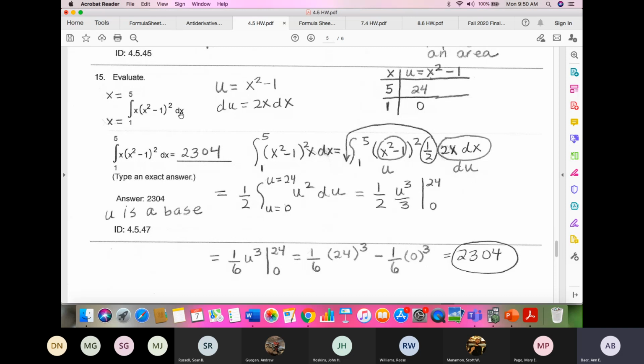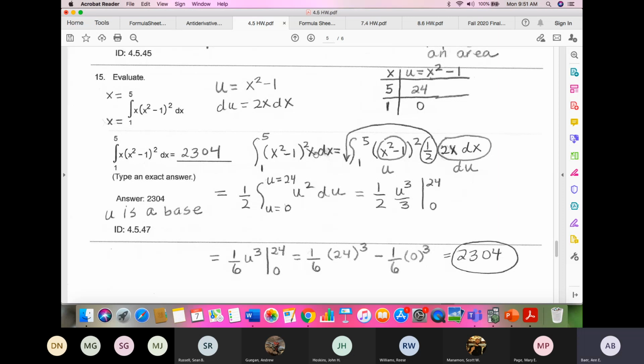You can move their multiplication, and we can multiply in any order we want. So I wrote it as the integral from 1 to 5 of this factor here, (x squared minus 1) squared. Then I put times x at the end. That way I could see this as x dx. It would look more like this.